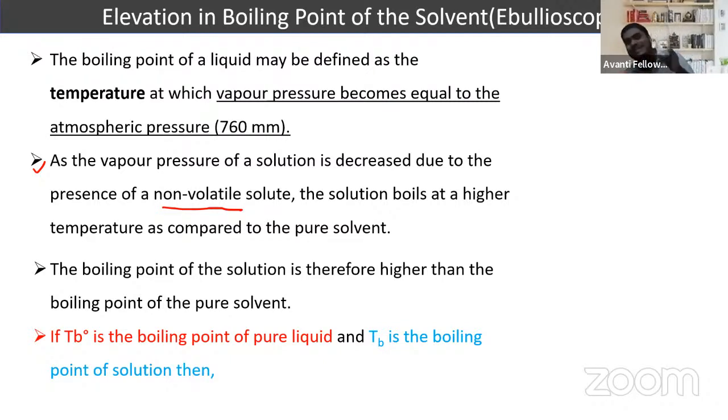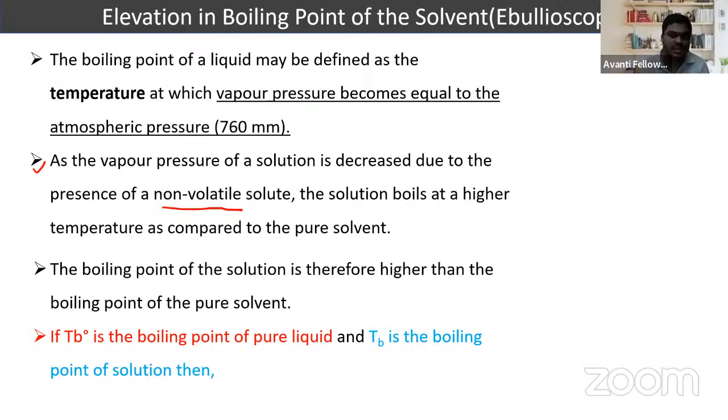So as you start adding solute, the boiling point of the solution increases higher than the boiling point of the pure solvent. And this difference, that is the increase in the boiling point of the solution over the actual boiling point of the solvent, gives us the elevation in the boiling point, right?